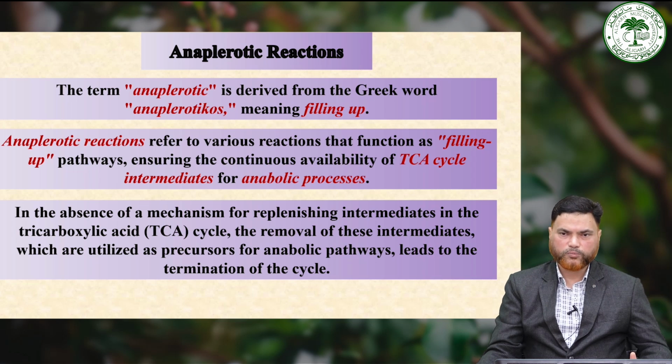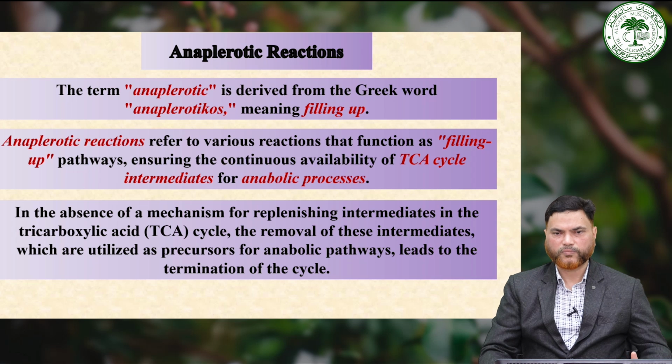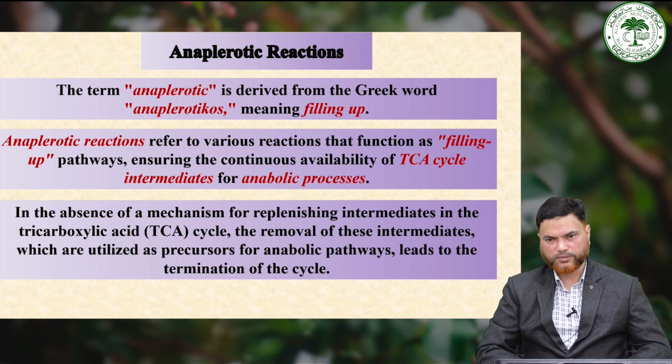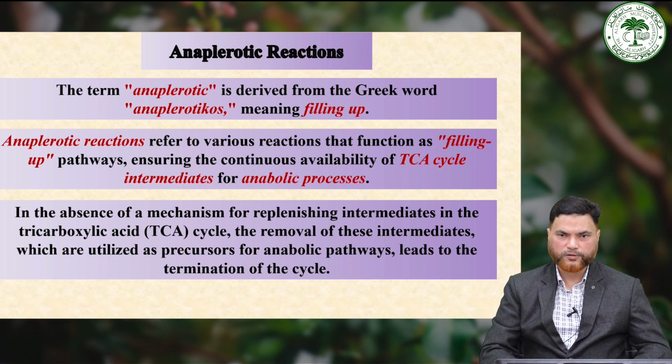The carboxylation of phosphoenolpyruvate occurs in the cytosol and is catalyzed by phosphoenolpyruvate carboxylase, generating oxaloacetate. This cytosolic oxaloacetate can then be transported into mitochondria to participate in the TCA cycle and maintain the flow of intermediates for anabolic pathways. This is also very crucial at this point.